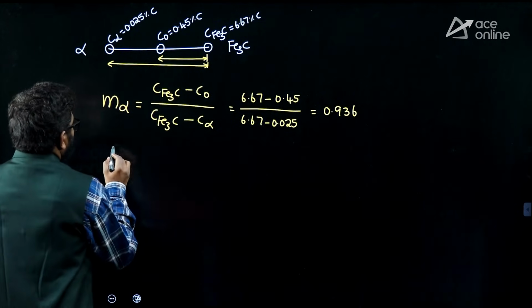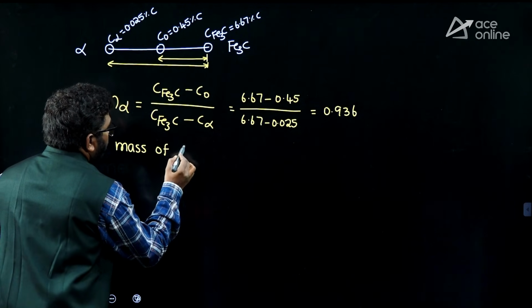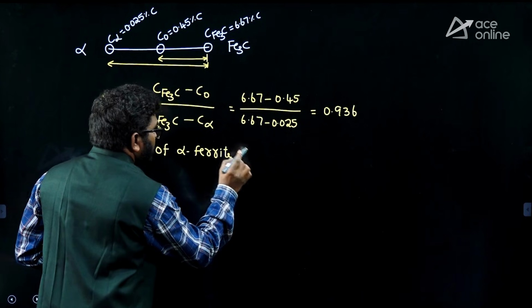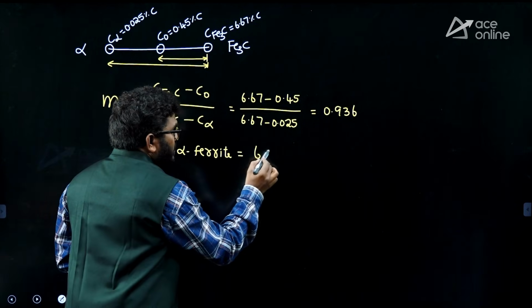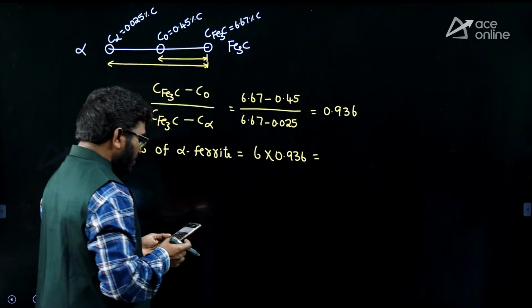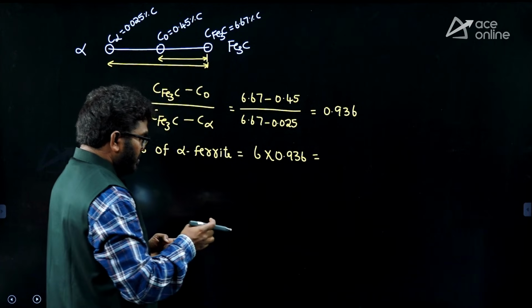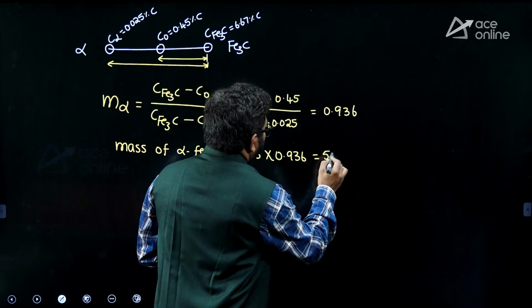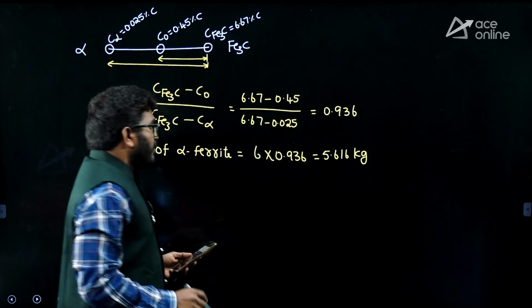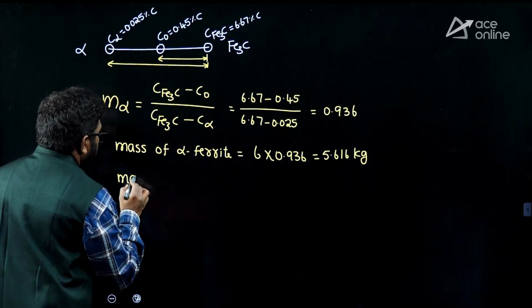Then the mass of alpha ferrite, total is 6 kg, 6 into 0.936, we will get 5.616 kg.